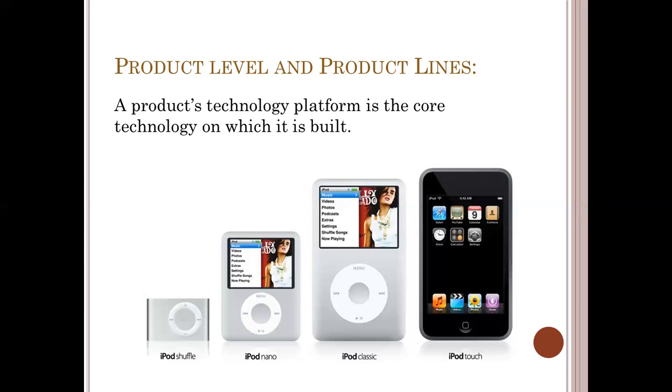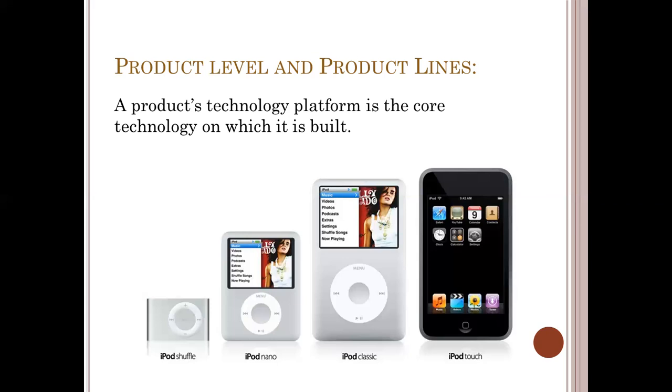When similar products are added to the product line, it is called line extension. So if Apple again introduces a new MP3 player to the iPod family, that would be a line extension. So what we have here is the line extension, and companies can also offer many different product lines.